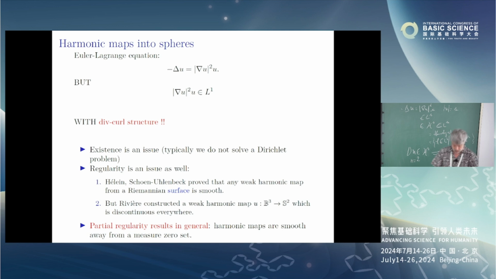You have gained one step of regularity, and then a classical bootstrap argument gives you that this is smooth. There are other ways to deal with regularity of the equation. This is one way.